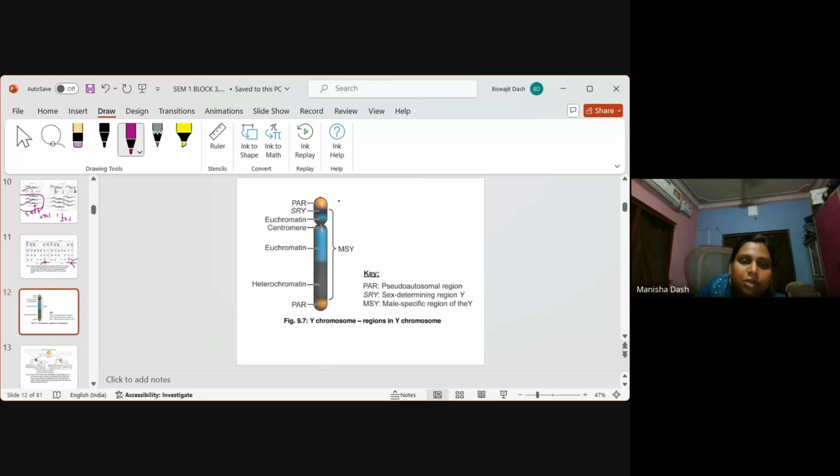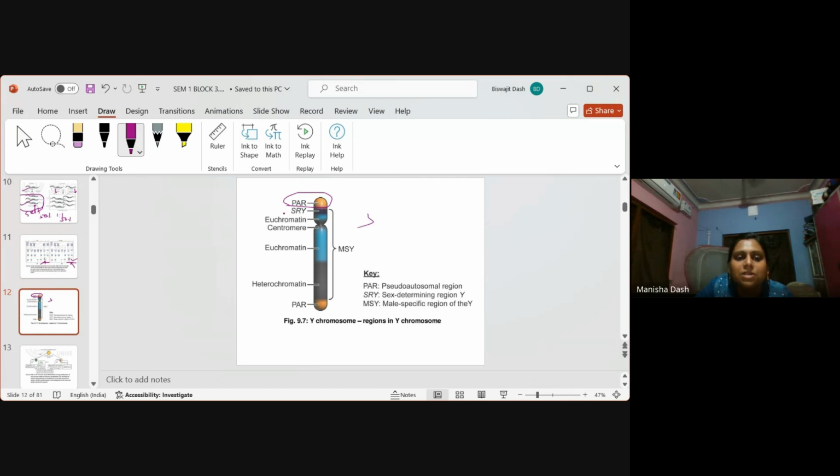If we look into the segments or portions of the Y chromosome, as you can observe, there is a pseudo-autosomal region. Pseudo-autosomal region means this is actually a sex chromosome or allosome, but some part of the chromosome has resemblance to the autosomes.